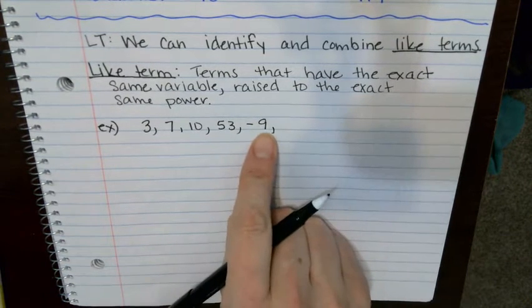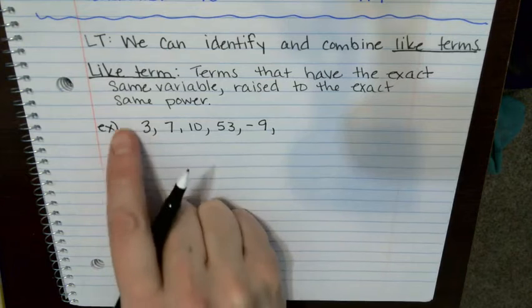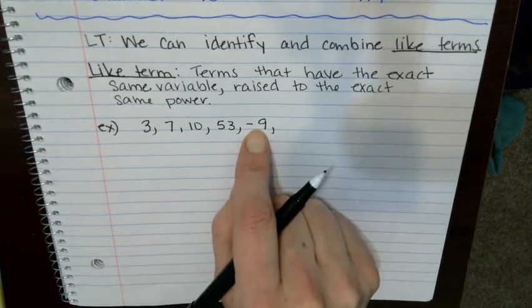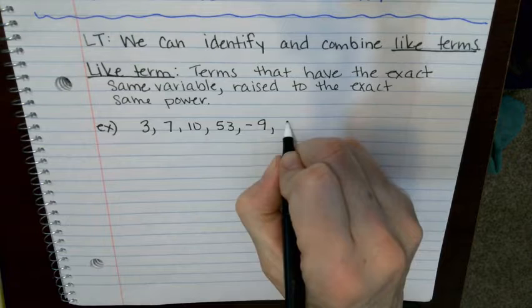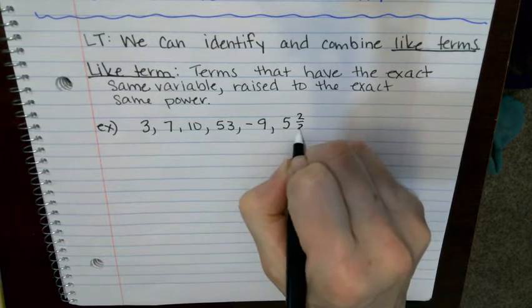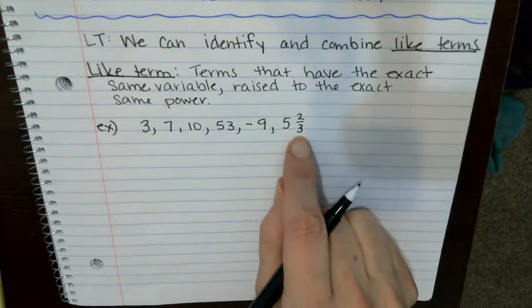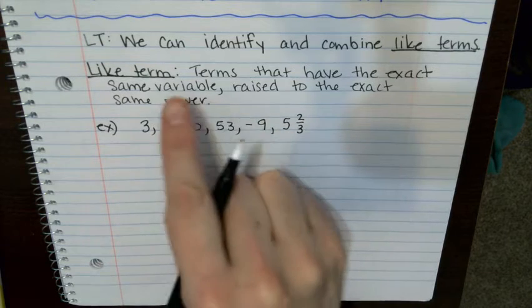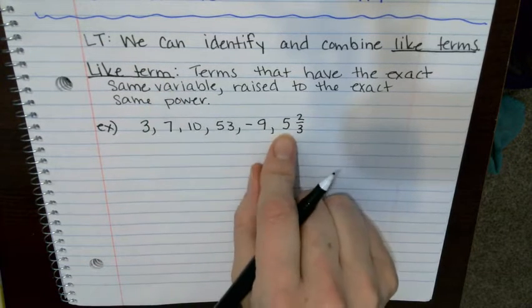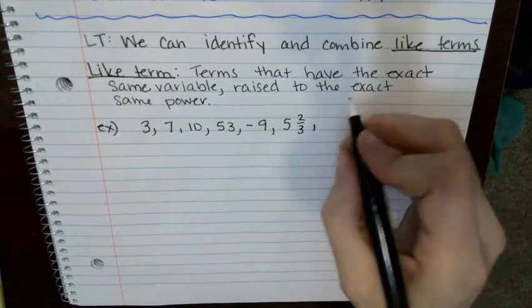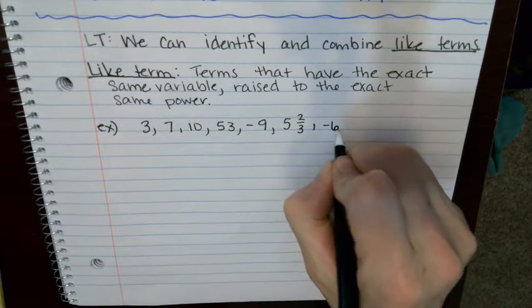If I'm looking at non-variable terms like 3, 7, 10, 53, and negative 9, I can think of fractions or mixed numbers like 5 and 2/3. I might have a fraction or a mixed number, but because I don't have a variable, it makes it alike to all of these. Maybe I have a decimal or even a negative decimal.